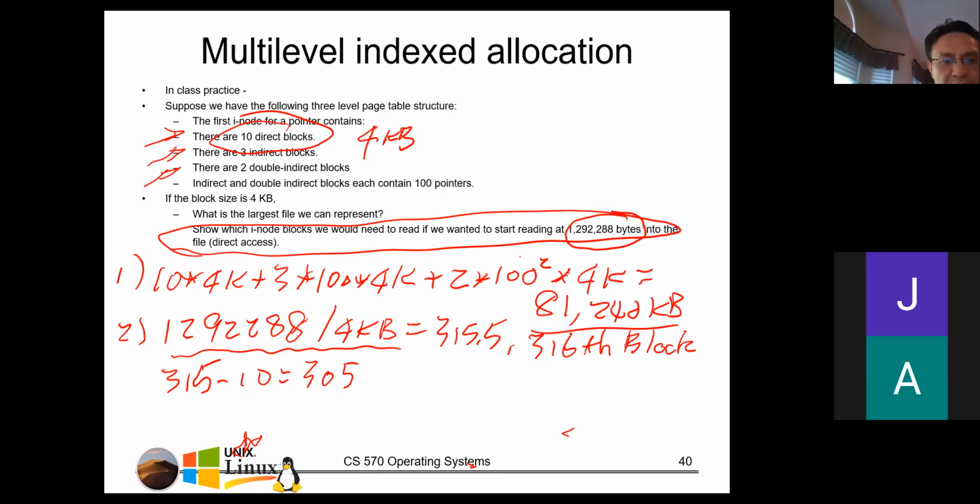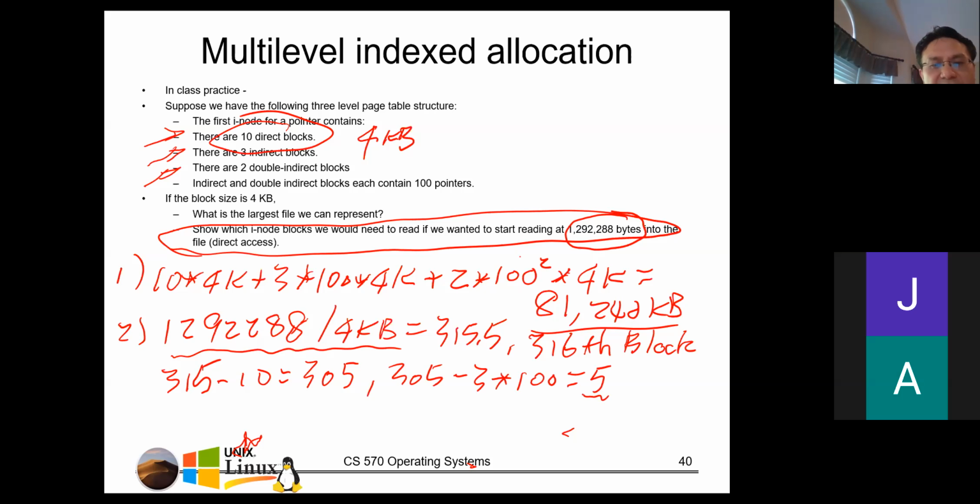So how many blocks are there from the 3 indirect pointers? That would be 305 minus 3 times 100, right? Correct me if I'm wrong. If anybody wants to say anything, just unmute yourself. Okay, so that will leave 5, right?